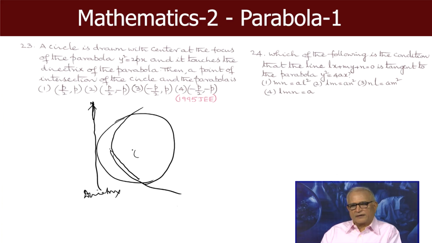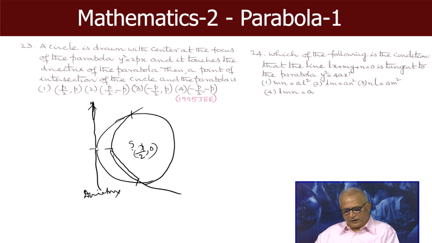What is the focus here? P/2, 0. Focus. What are these points of intersection? This is the vertex, this is the point of contact. It touches. ఈ మూడు కొలిన్ అవ్వక్కర్లేదు. ఇప్పుడు వాట్ ఈస్ ది పాయింట్ ఆఫ్ ఇంటర్సెక్షన్ ఆఫ్ ది పారాబోలా? ఇక్కడ ఈ లైన్ చూసారు లేదా? ఏ పాయింట్ ఆఫ్ ఇంటర్సెక్షన్ ఆఫ్ ది సర్కిల్ అండ్ ది పారాబోలా ఇస్.